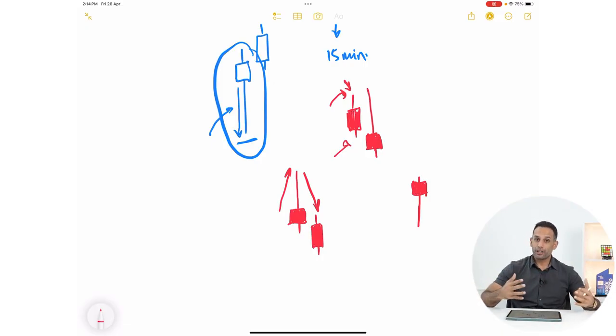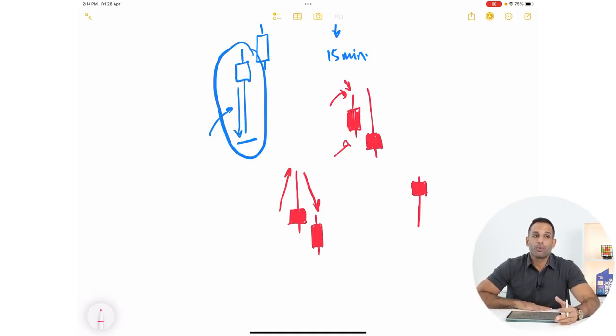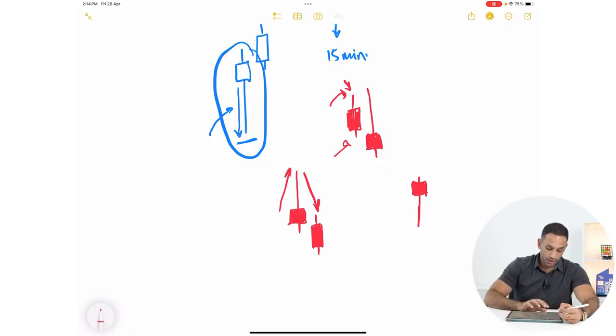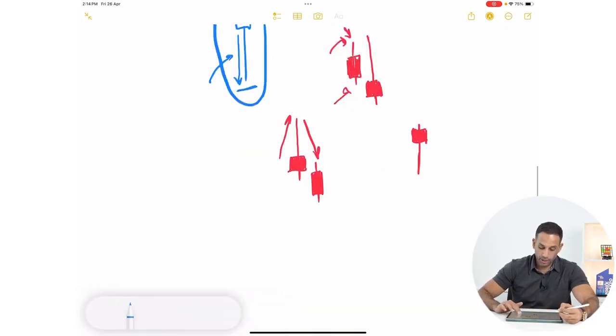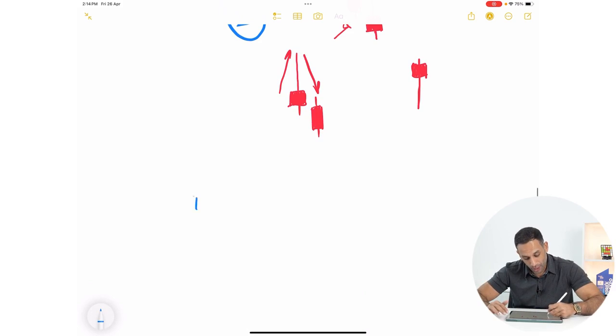Now, WickFill. WickFill is something we have explained in great detail in the WickFill module. Just to do a little recap, let me get the blue pen. Say you have a candle that moves bullish and it has a wick to fill.